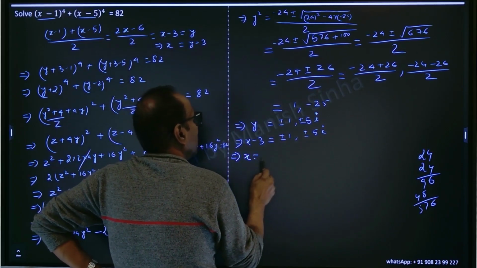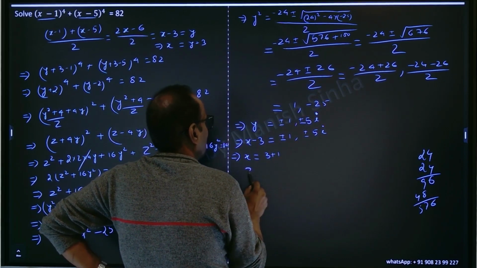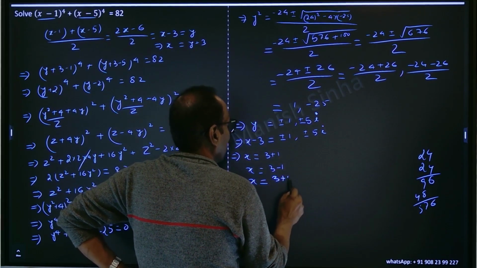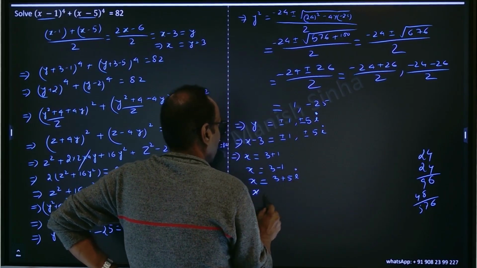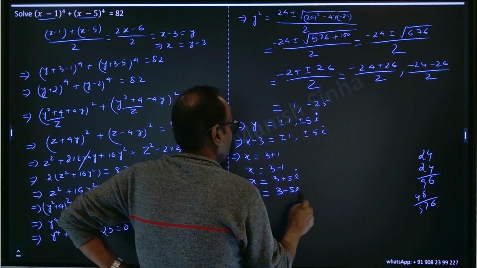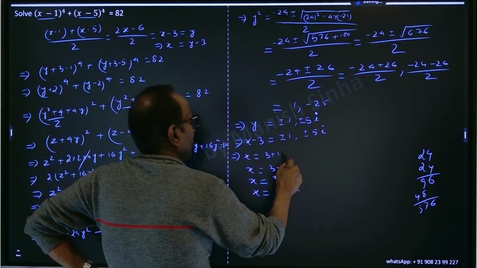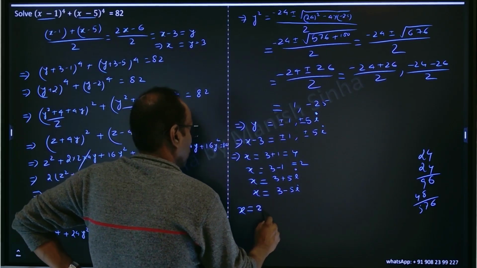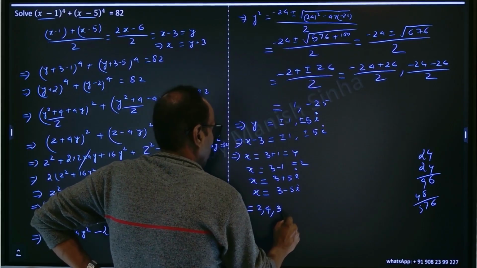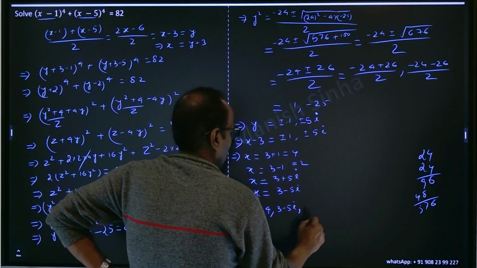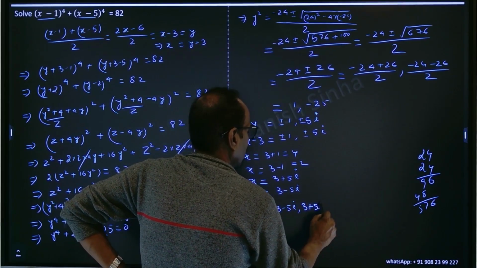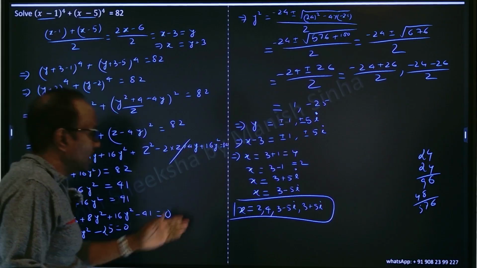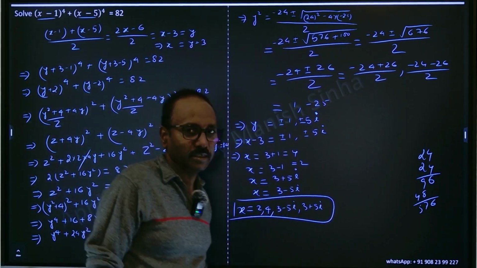So x will be 3 plus 1, x will be 3 minus 1, x will be 3 plus 5i, x will be 3 minus 5i. So 4, 2, and 3 minus 5i, and 3 plus 5i. So this will be your solution. You can see this is a quartic polynomial. So 4 roots we got. 2 are real, 2 are imaginary.